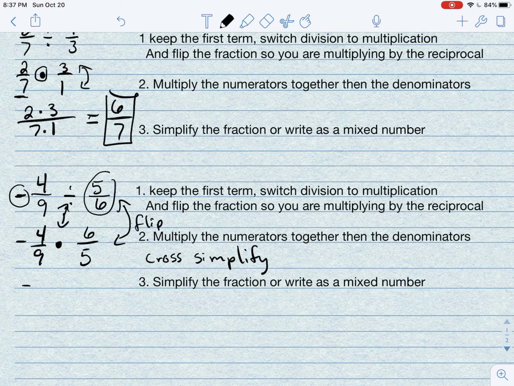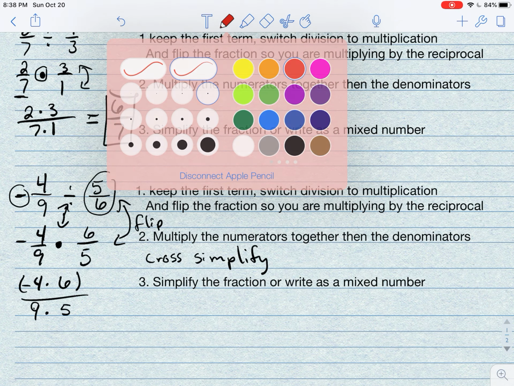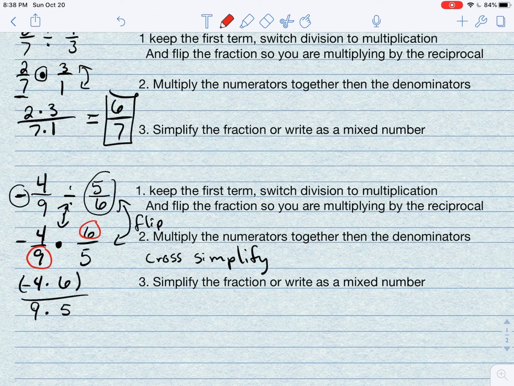A negative 4 times 6, and our 9 times 5. Note I put right here cross simplify, so we can cross simplify. You've got 9 and 6. Here we can divide both of those by 3. 3 is the greatest common factor of 9 and 6.